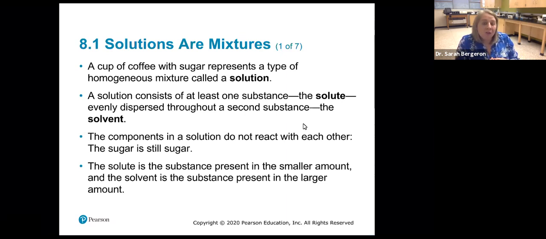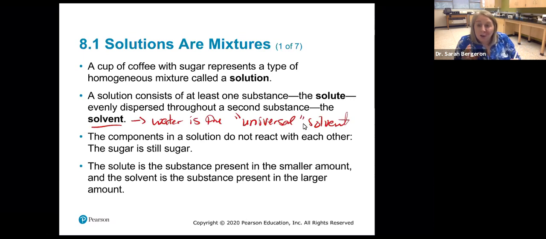So solute is what you put into the larger container of stuff and you mix it out and it gets evenly dispersed, right? So a lot of times people will call water the universal solvent.